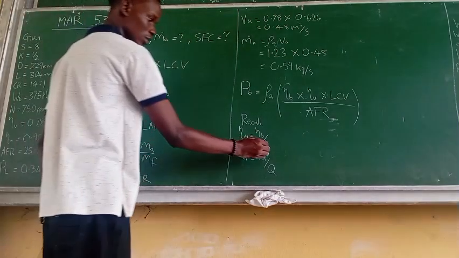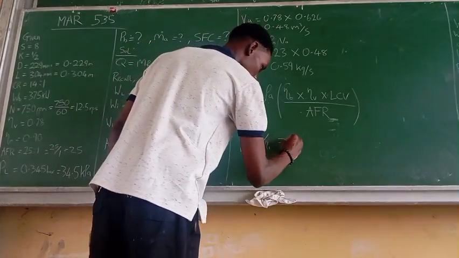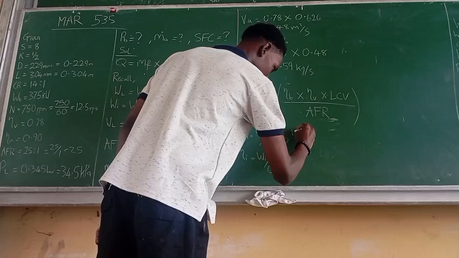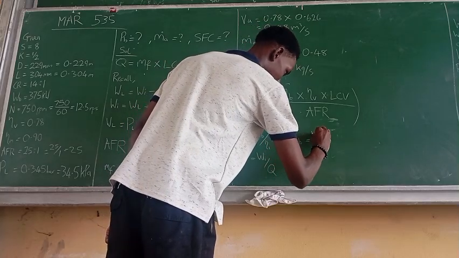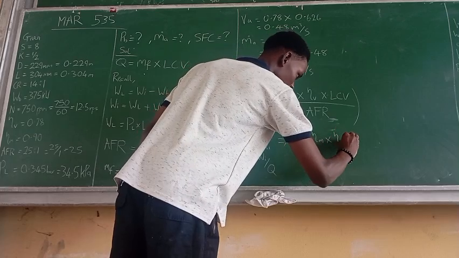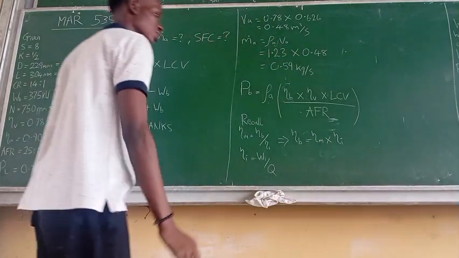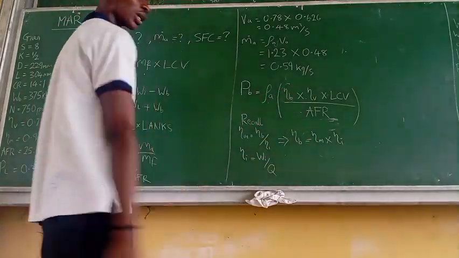You will now make brake thermal efficiency the subject of the formula: brake thermal efficiency is equal to mechanical efficiency times indicated thermal efficiency. You will finally have your brake thermal efficiency, which you will put into this equation and solve to get your PB.